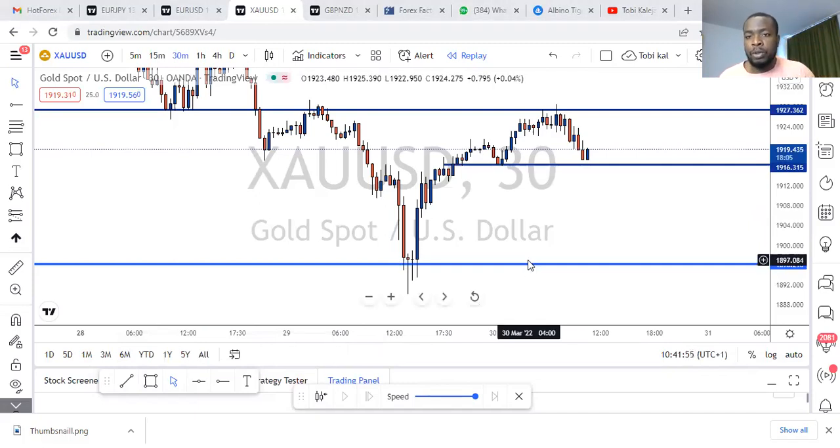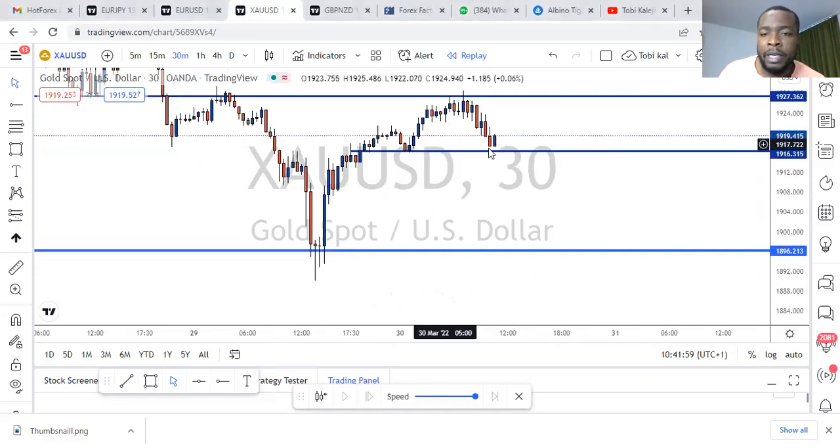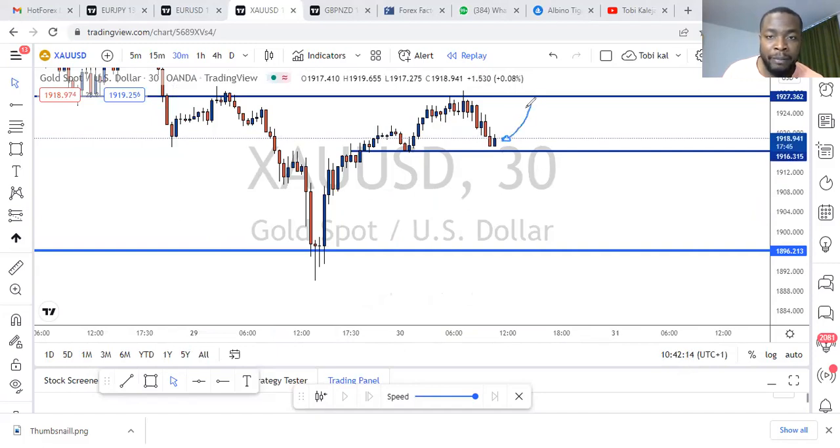All right, so I'm assuming right now that this trade closes like this, and then you want to take a buy trade back to this resistance level. Maybe it closes like this, and then you want to take a buy back to this level.